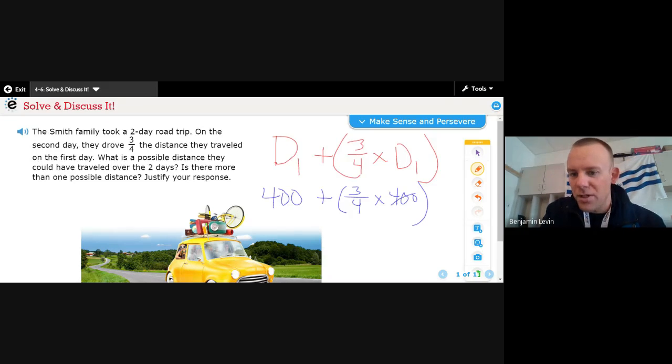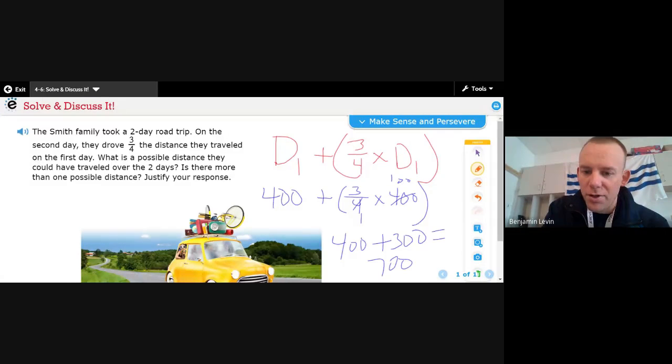Well, 4 goes into 400 100 times, right? So this is just 3 times 100. So their total road trip in this scenario would be 700 miles. They drove 400 of it on day 1 and 300 of it on day 2.